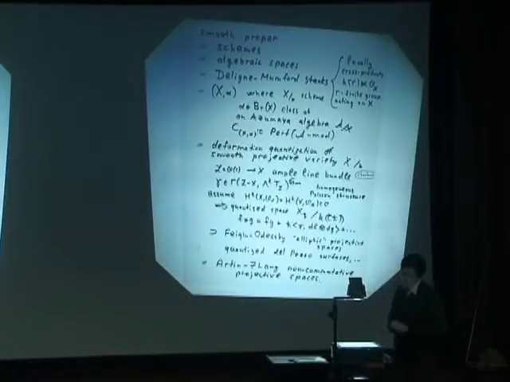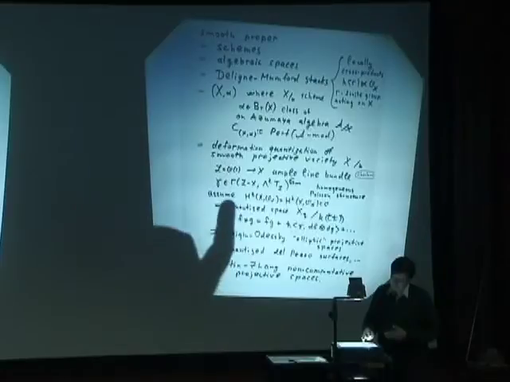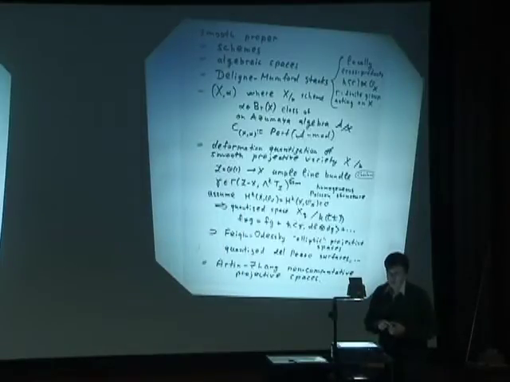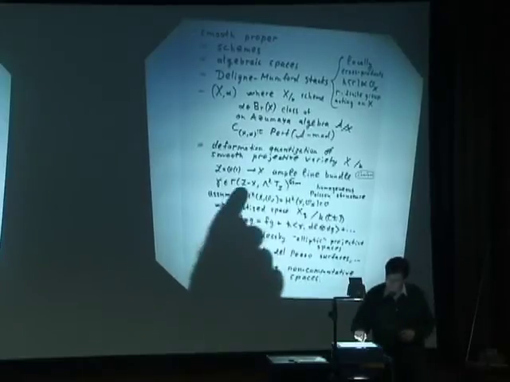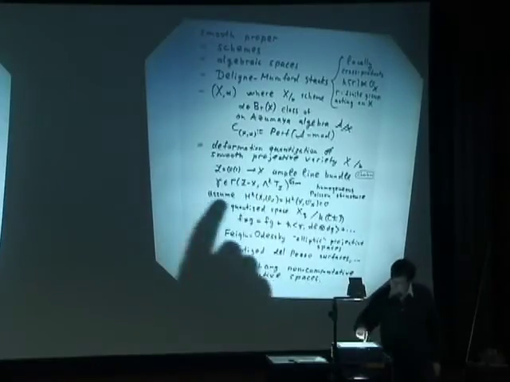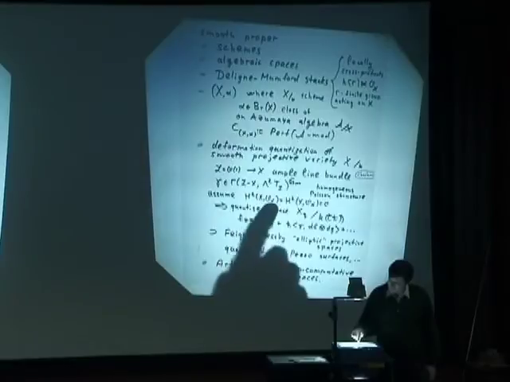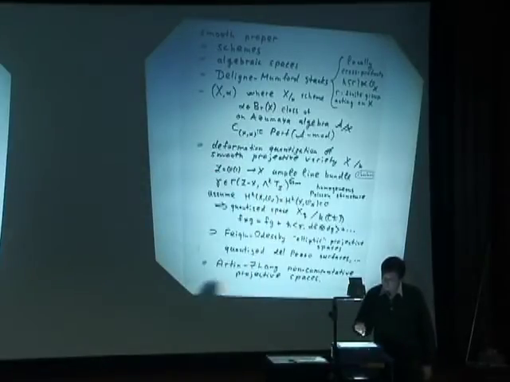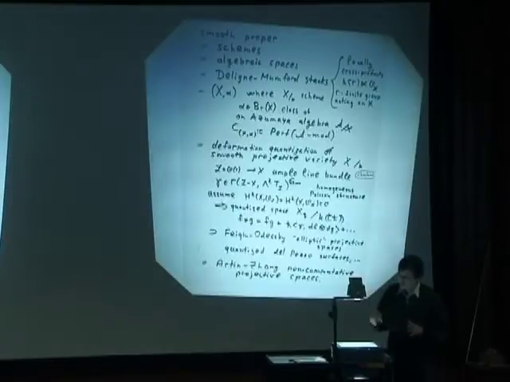You consider an ample line bundle, O(1) in whatever projective embedding over X. And in order to quantize the variety, you need to lift the Poisson bracket to the total space of this line bundle minus the zero section. So L minus X is this C-star bundle. And you should have a Poisson structure on the total space of the line bundle, and the Poisson structure should be homogeneous of degree 0.